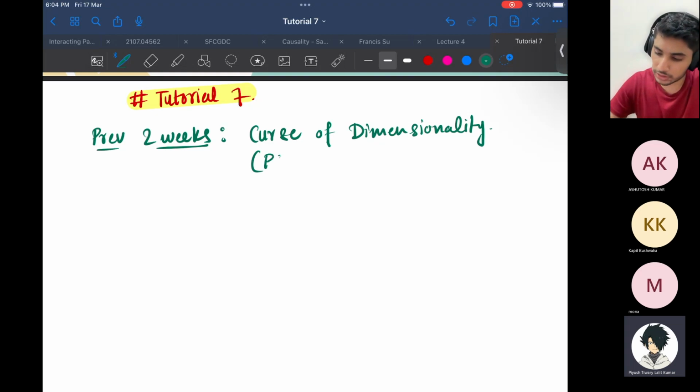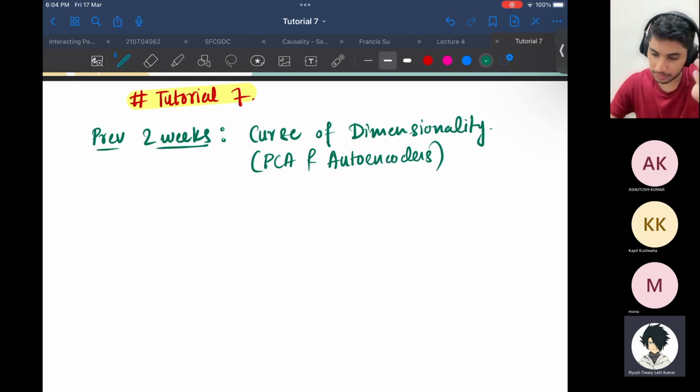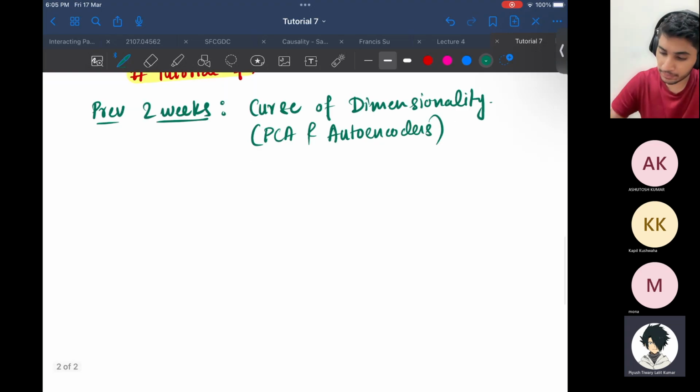For this, we saw PCA, and then we saw a deep learning based dimensionality reduction method, which was autoencoders. So this was one aspect of deep learning. When someone is solving some problem using deep learning, this is something that he or she should know.